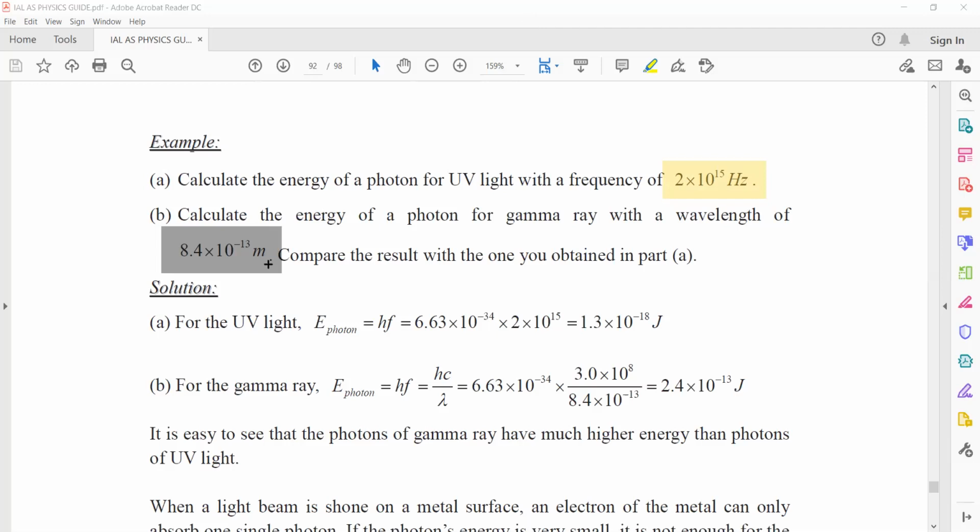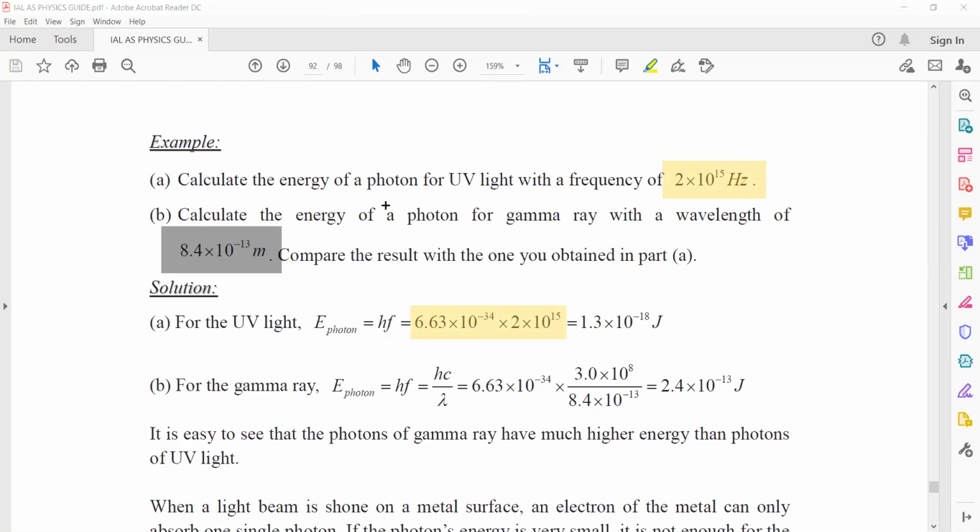How to calculate the energy of a photon? Energy of a photon is given by HF, Planck's constant multiplied by frequency. Planck's constant is 6.63 exponent minus 34, and the frequency is 2 exponent 15. You will multiply and you will get the energy in joules.